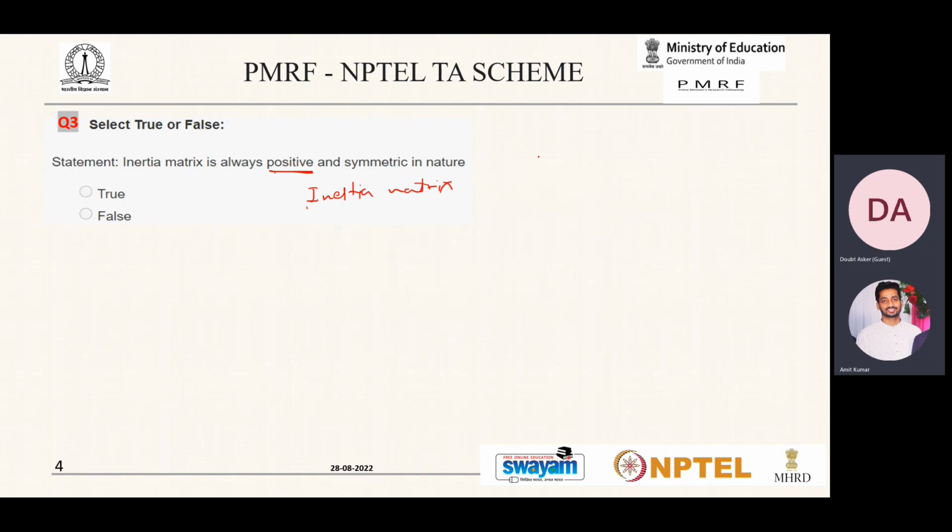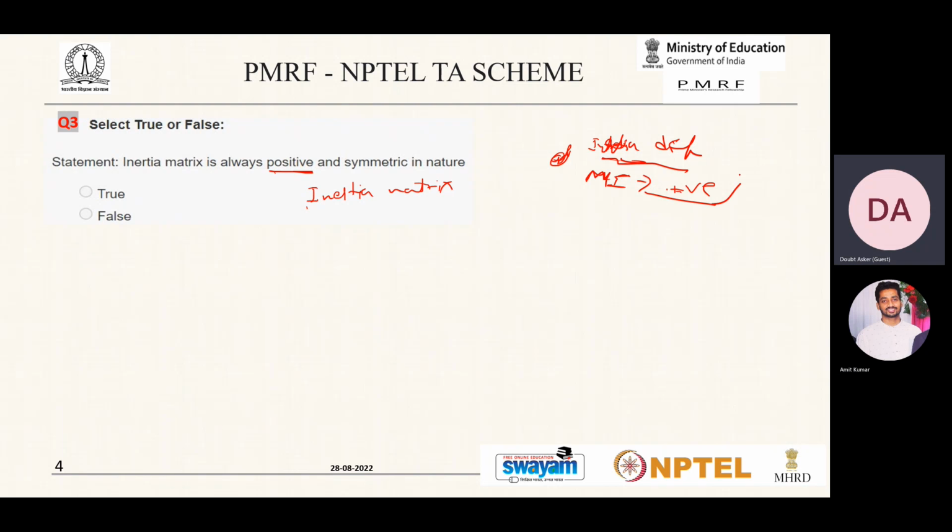Because we know the inertia definition is that only the moment of inertia of any body around the axis, which will be positive, right? So this is always the case. Now whether it is symmetric or not, you have to also think about.